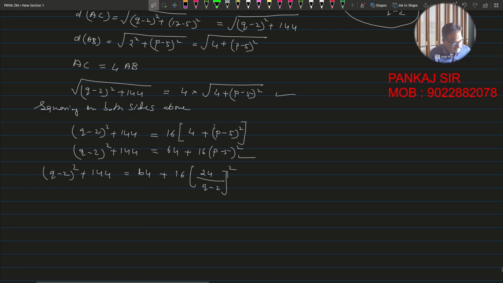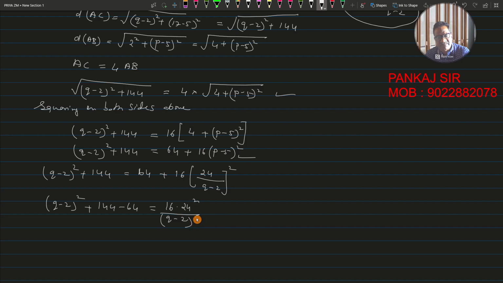Okay. So (q minus 2) the whole square plus 144 is equal to this. Let me keep this q minus 2 as it is. I don't want to expand it. Plus 144 minus 64 equal to, now this will be 16 times 24 square upon (q minus 2) the whole square, right?